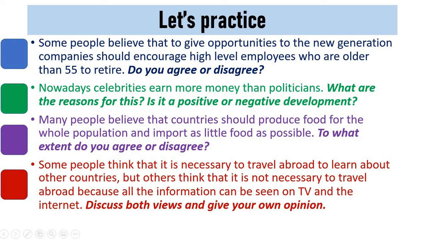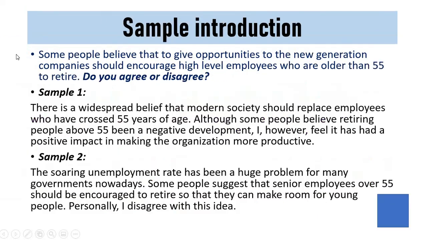Okay, are you ready? So let's start with the blue one. Look at this. Some people believe that to give opportunities to the new generation, companies should encourage high-level employees who are older than 55 to retire. Sample 1. So again, paraphrase the topic and your question. Answer the question.